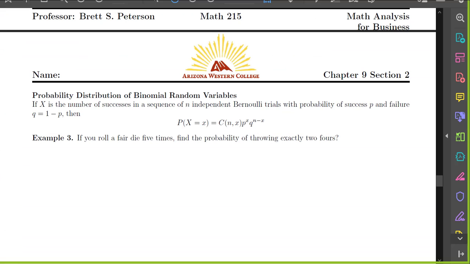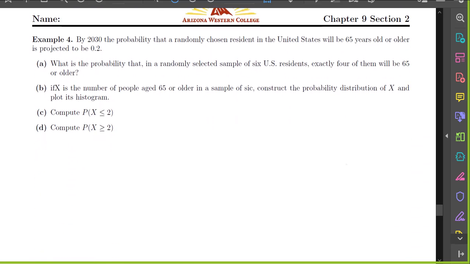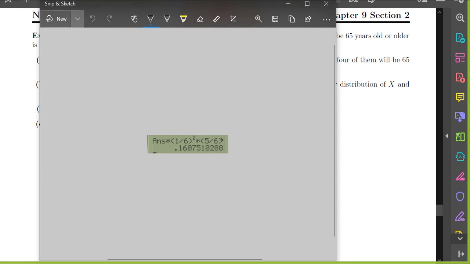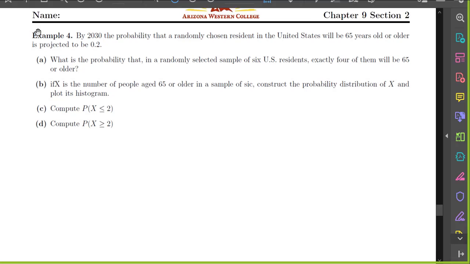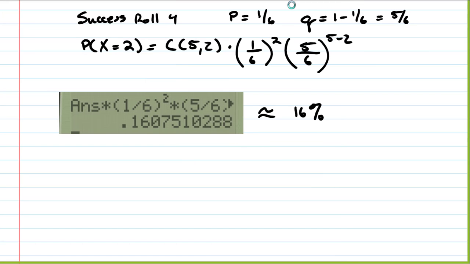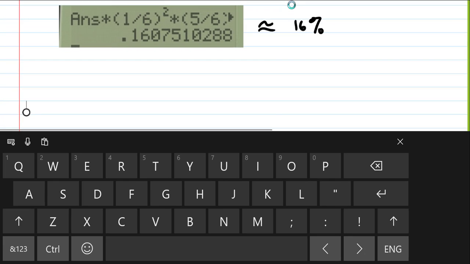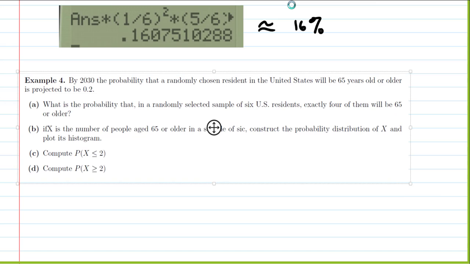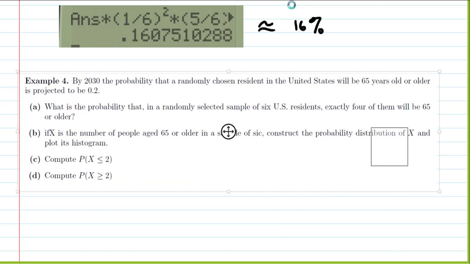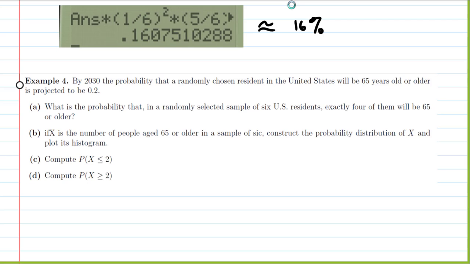All right. Next example. By 2030, the probability that a randomly selected resident of the United States will be 65 years old or older is projected to be 0.2.